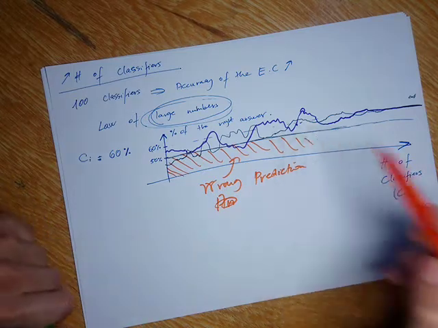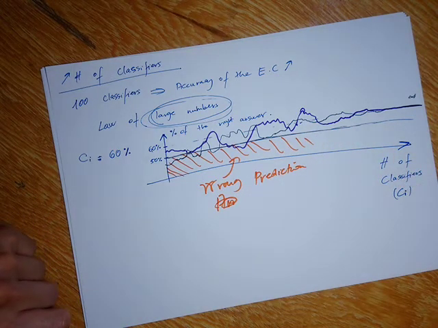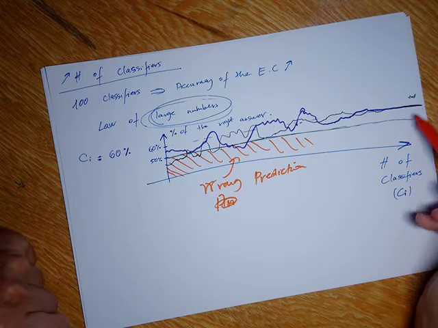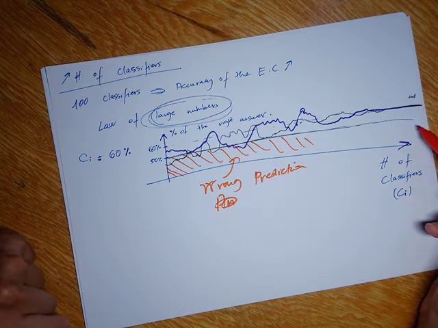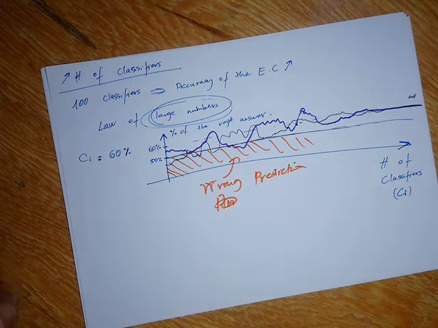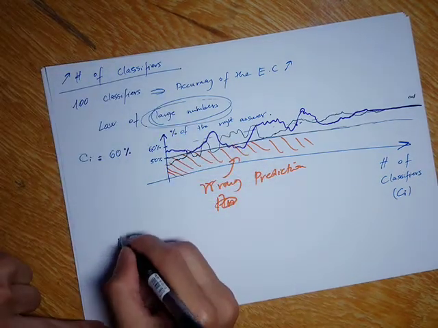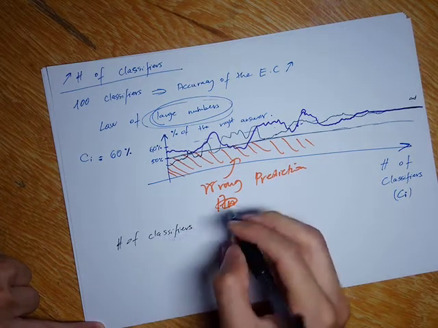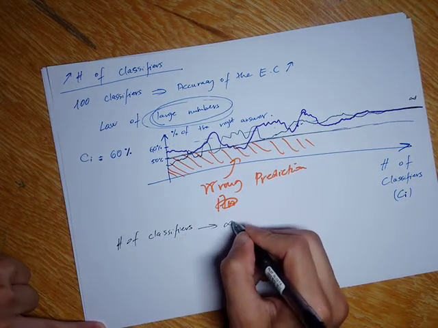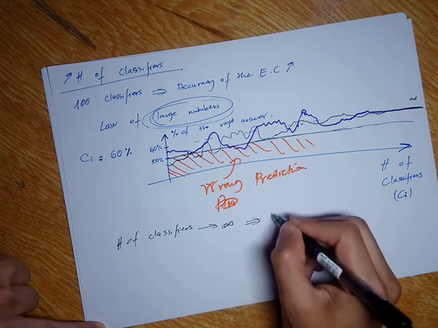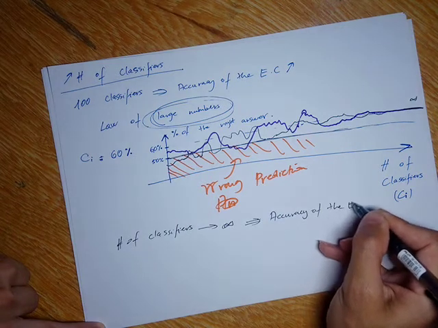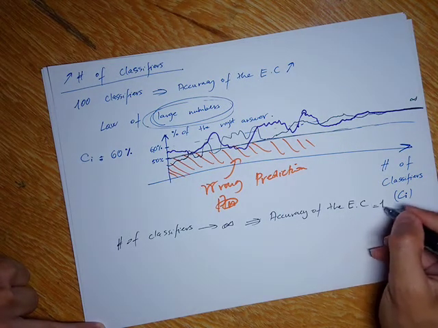But notice what happens when the number of classifiers increases. When the number of classifiers increases, the curve sticks on 60%. It's consistently higher than 50%, and this is the reason why the accuracy increases. And in fact, when the number of classifiers tends to infinity, this implies that the accuracy of the ensemble classifier is equal to 100%.